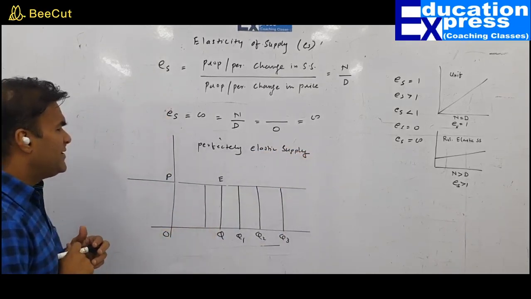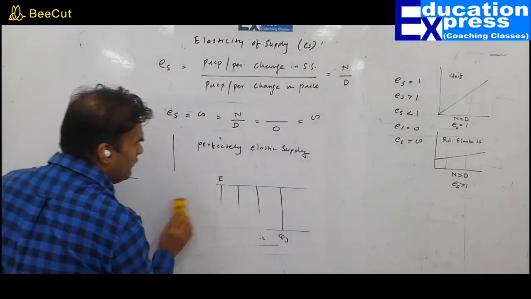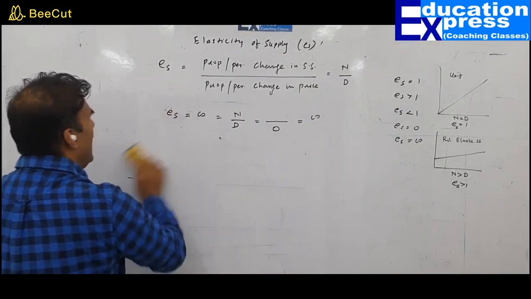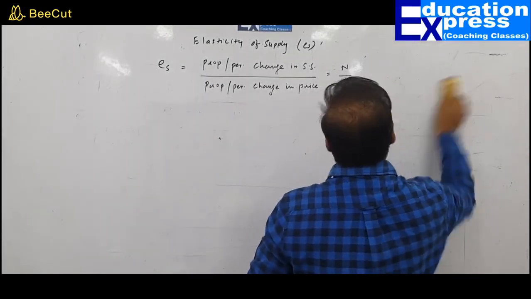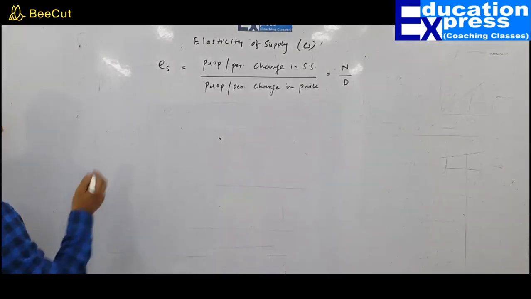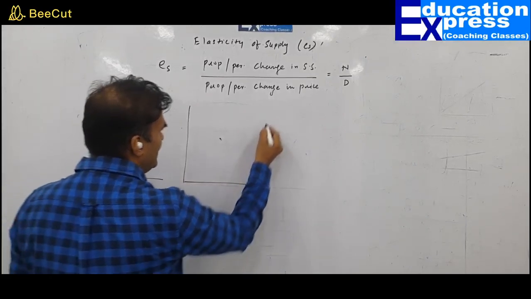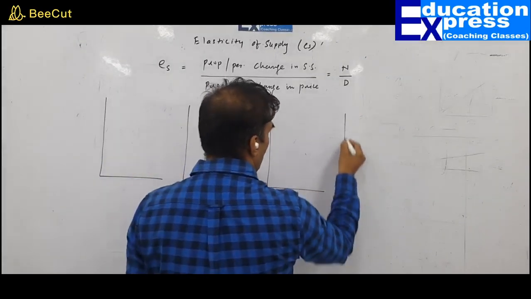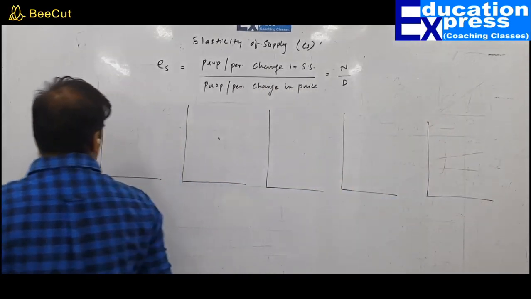So my dear friends, with this, all the possible values of E have been covered, and I'll take you through all the possible values of E in a very rapid round. Have a look. 5 different diagrams. 1, 2, 3, 4 and 5. Place your values.